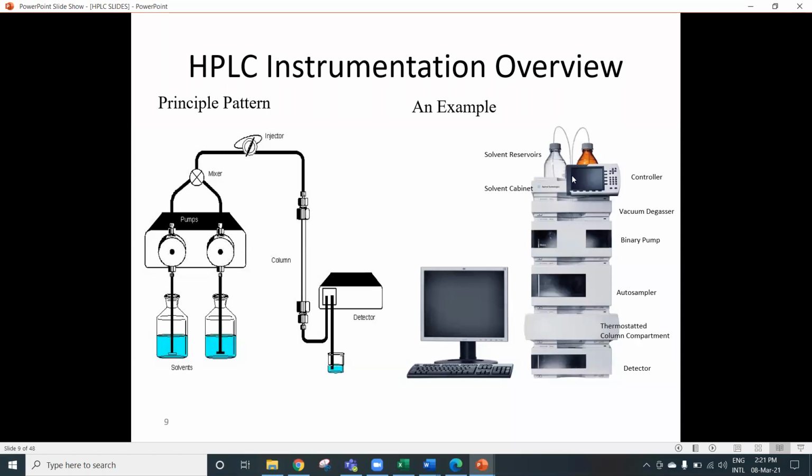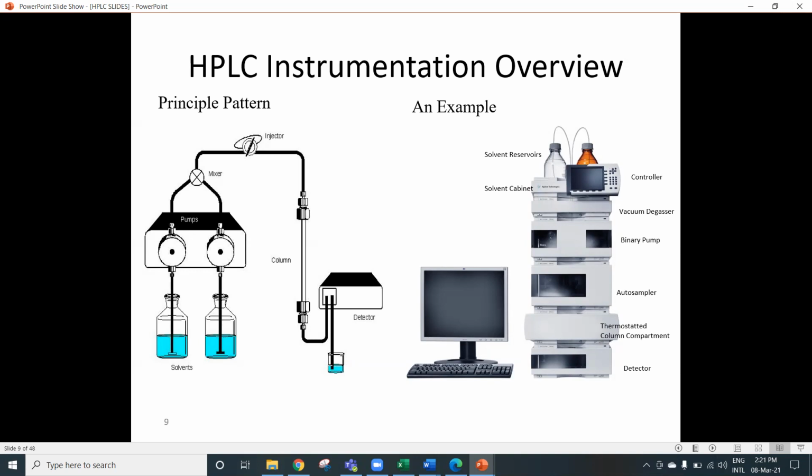Then you have the pump, a peristaltic pump that controls the flow of your mobile phase as it's flowing there. Then here you have your sample injector, whereby you have an autosampler, just like we had for the GC, that picks your sample at different times. As your mobile phase is flowing, it flows into the autosampler, and your injector is right in here.